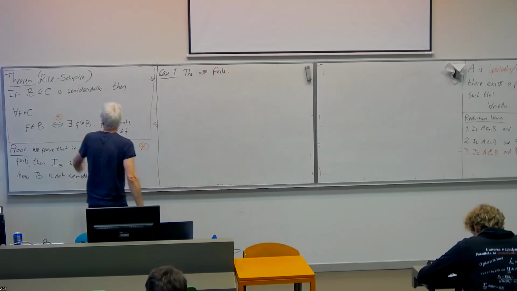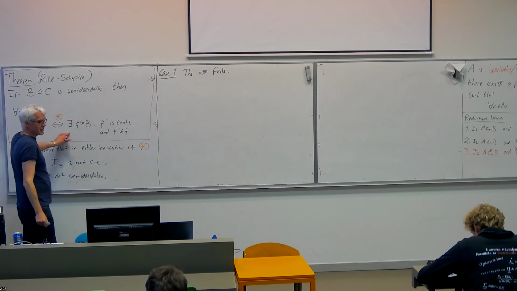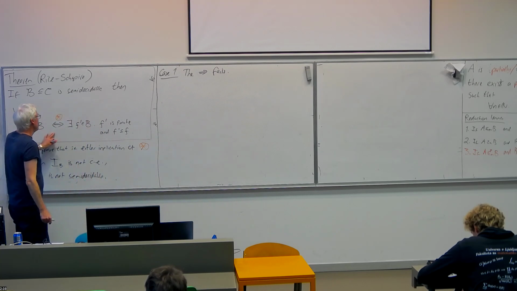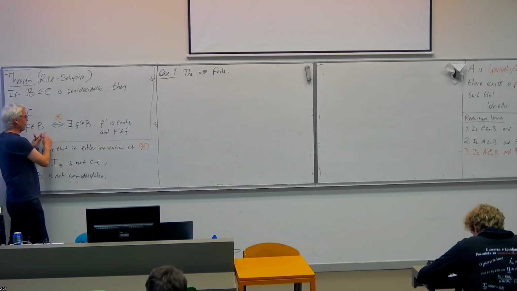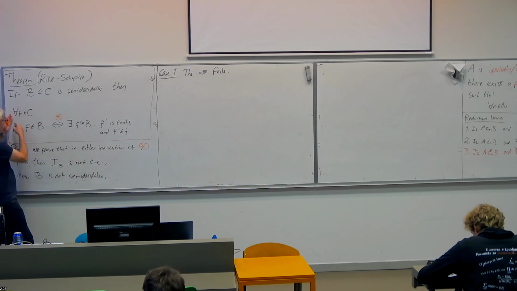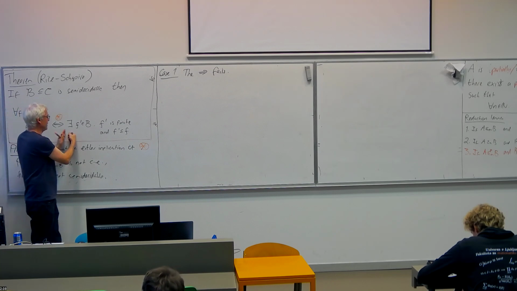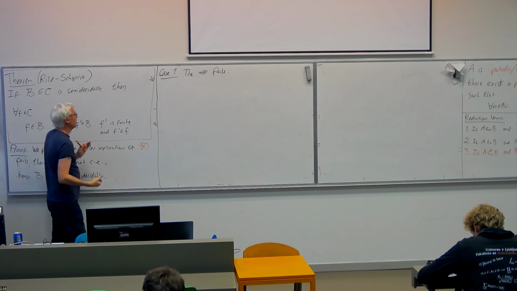Okay, we've got some set B, but it doesn't satisfy the left to right implication here. So what that means is we have some f in B for which this condition for all f fails, so there exists some f in B for which this doesn't hold.